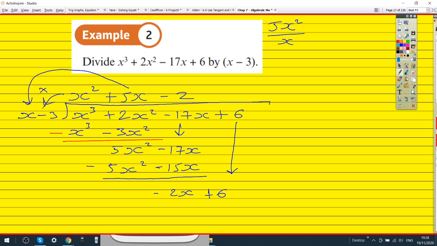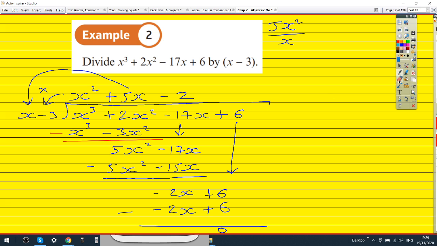Minus 2x times x minus 3, both of them. And then you multiply the 6 and the minus 3. So you get minus 2x plus 6, and you get no remainder.